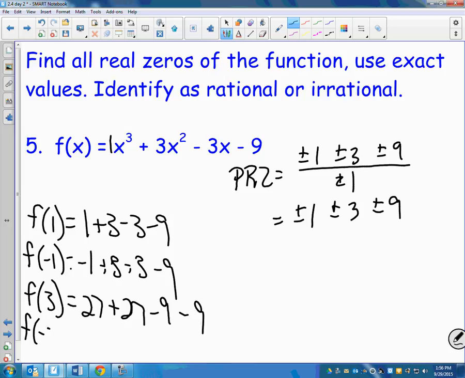How about negative 3? Negative 27 plus 27 plus 9 minus 9. Like ones I can do without a calculator. That works, right?